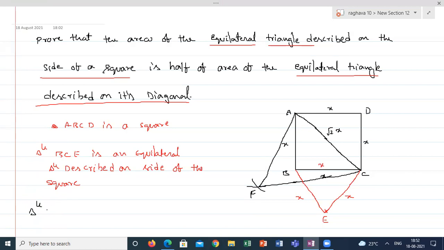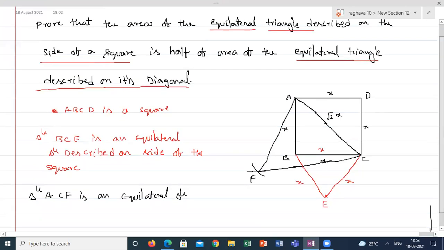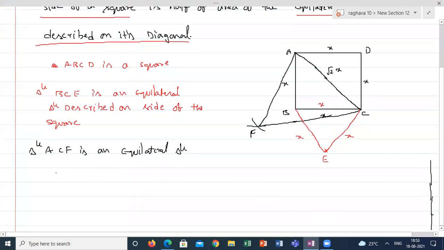Triangle ACF is an equilateral triangle described on diagonal AC.